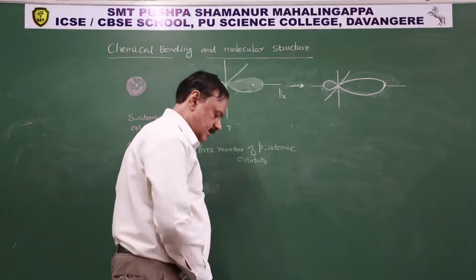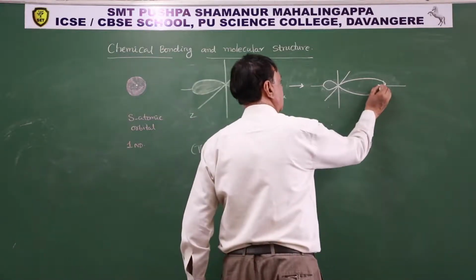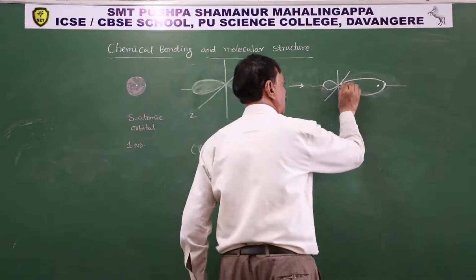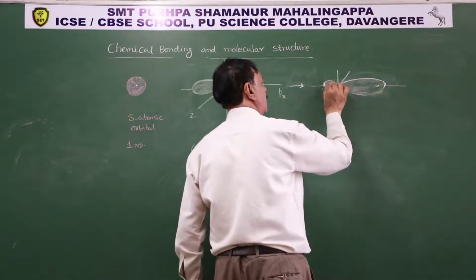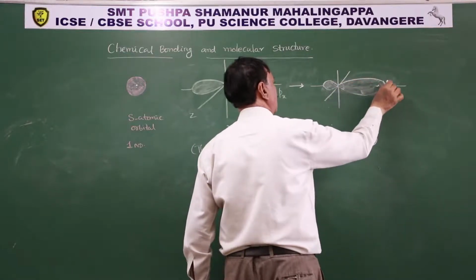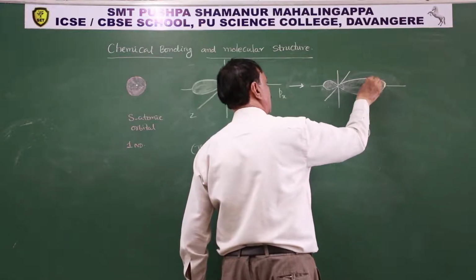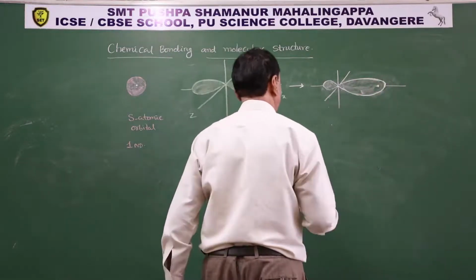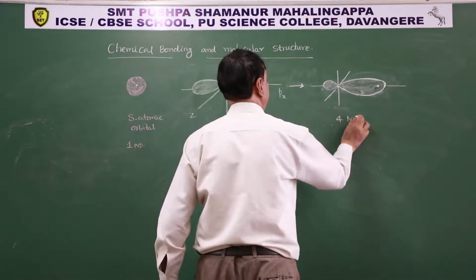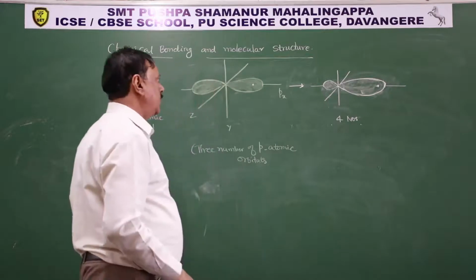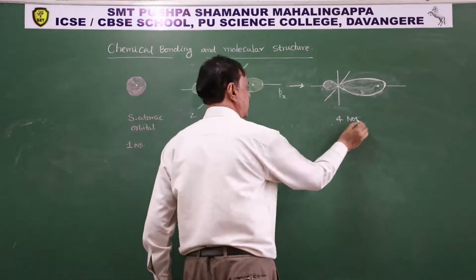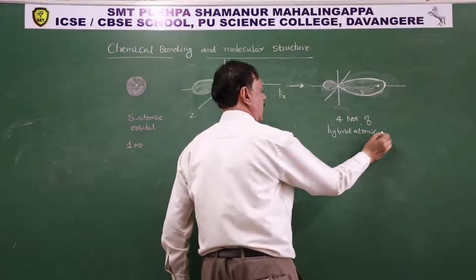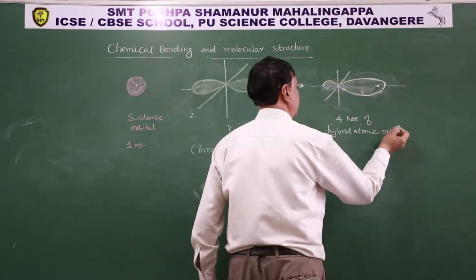Now these are 4 electrons. These are the 4 hybrid atomic orbitals.